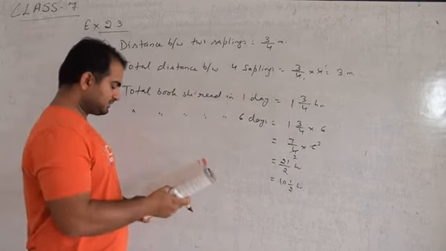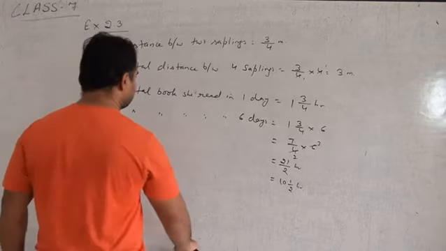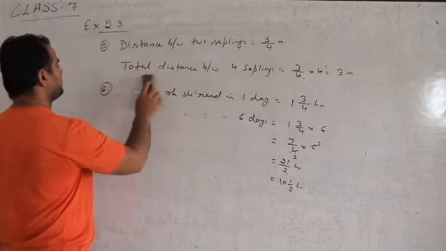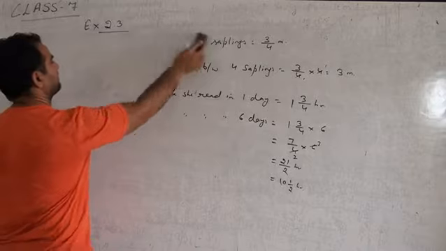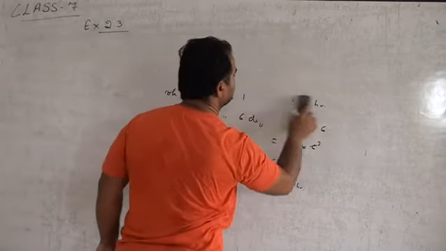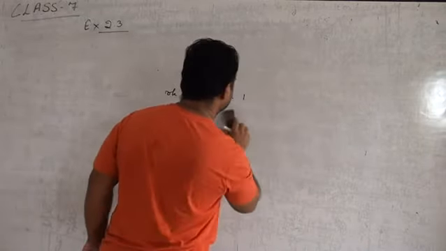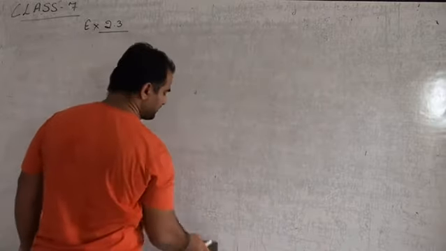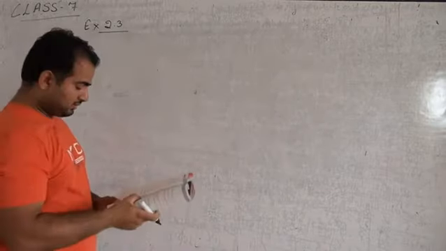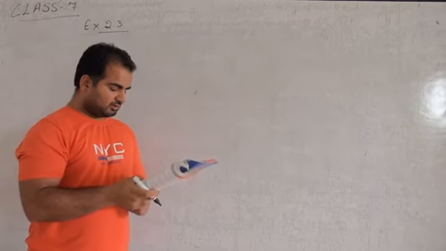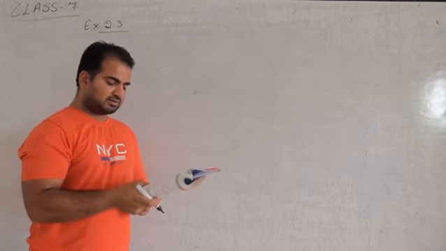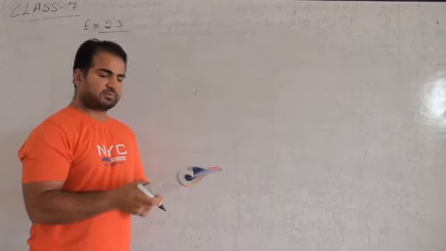Question number 7: a car runs 16 km in 1 liter. How much distance will it cover in 2 3 upon 4 liter of petrol?